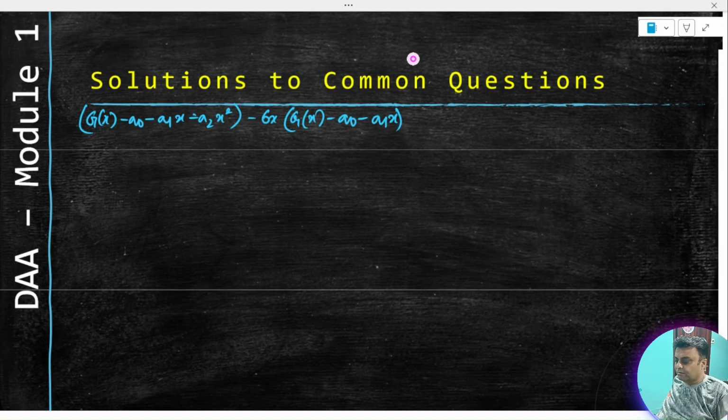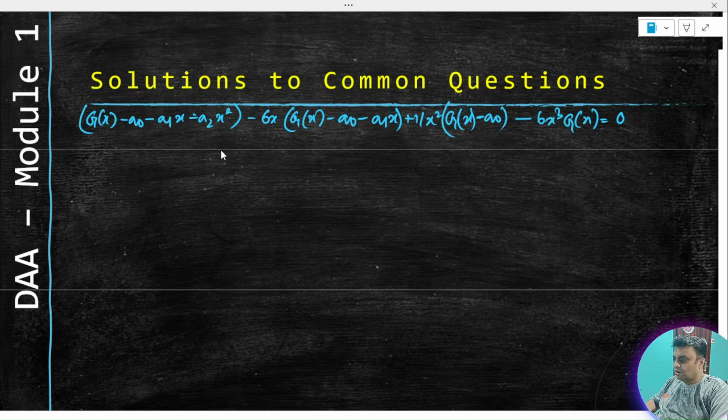And then we have plus 11 for the third term. Whatever we had solved was 11x square g(x) minus a0. Then we have minus of 6x cube g(x). This is equal to 0.